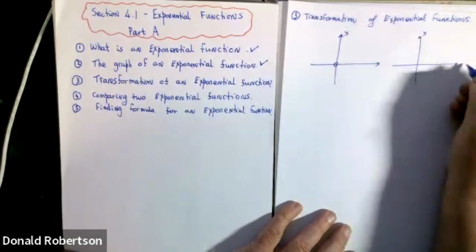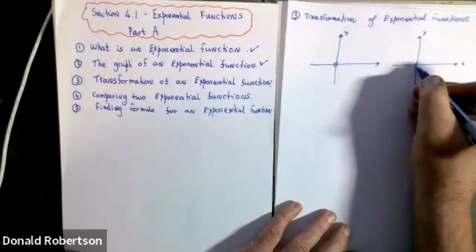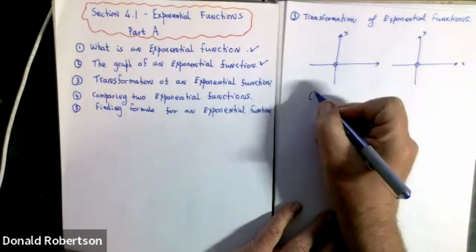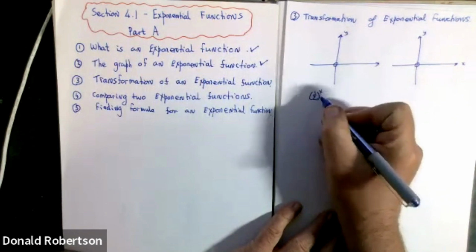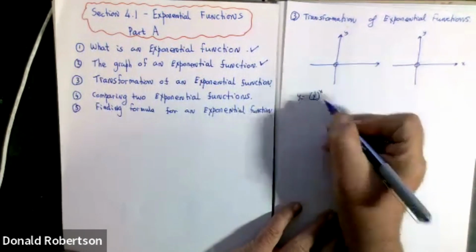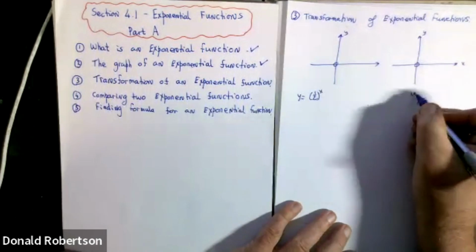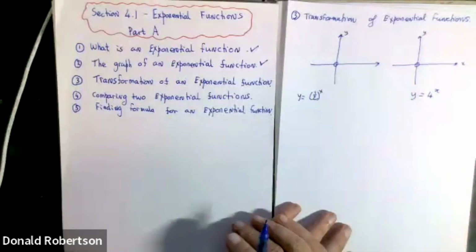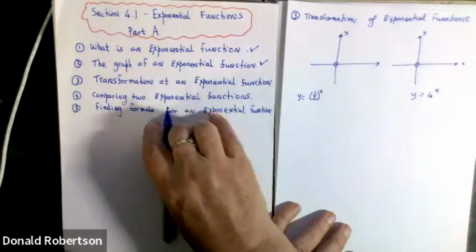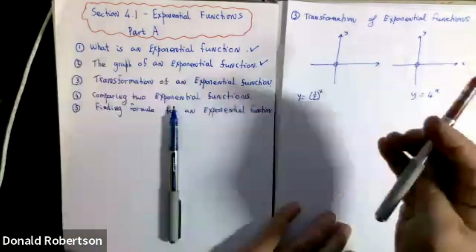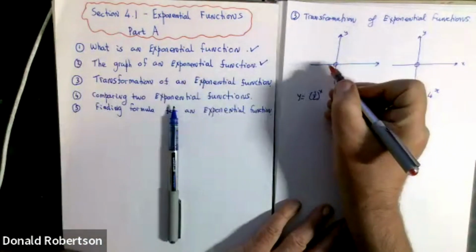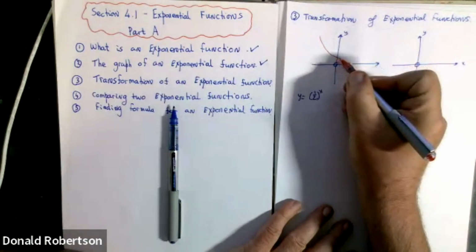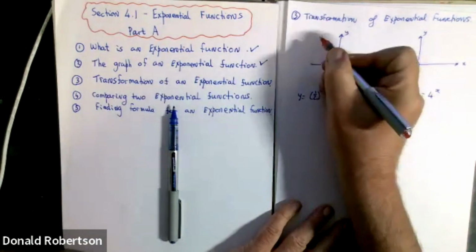Because we're not going to do very accurate sketches, there are really only two basic shapes. If you get a function that has a base, let's say less than 1, like one half to the power of x, for instance, we know that it would go like that.